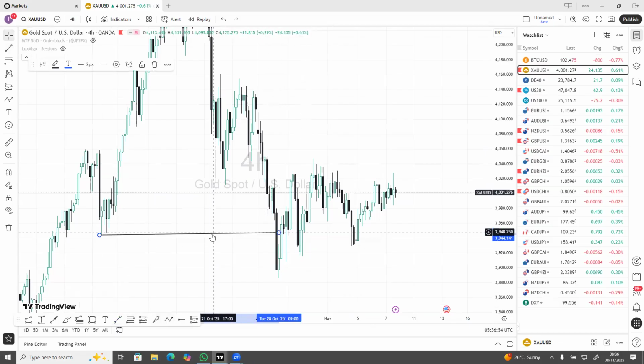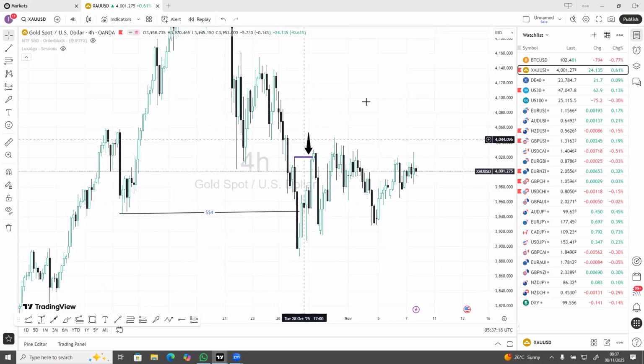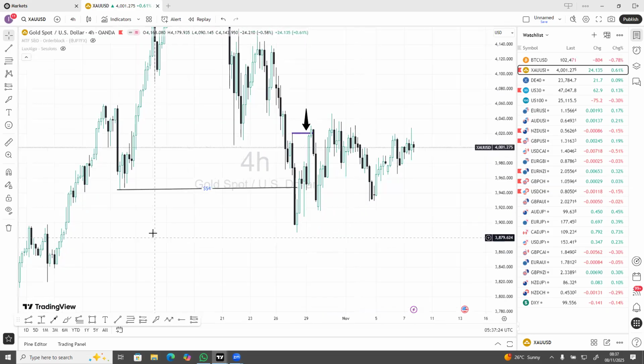That is a liquidity sweep, a good liquidity sweep created over here. After that sweep, there is a break of structure or market shift over here. You can see candle closure above this previous high, so that indicates continuation of the upward trend.